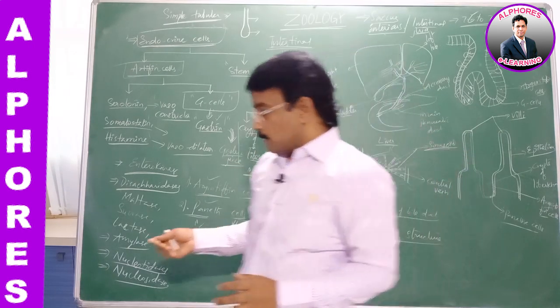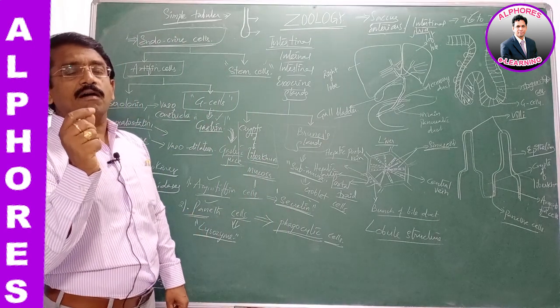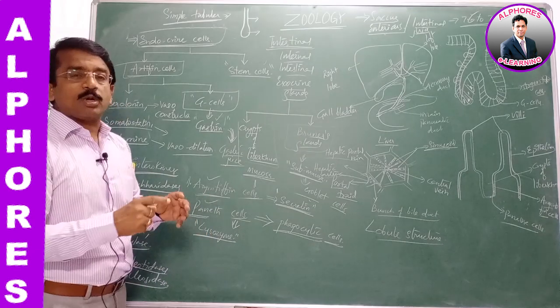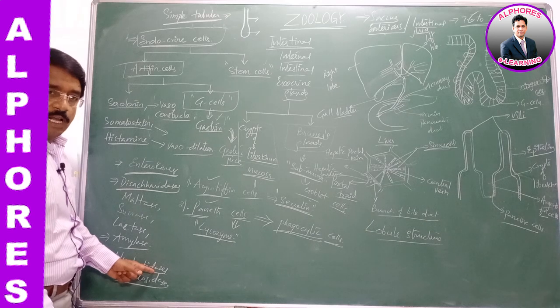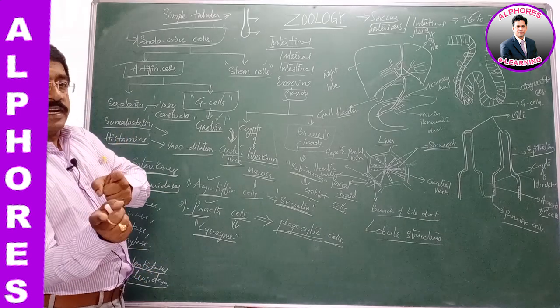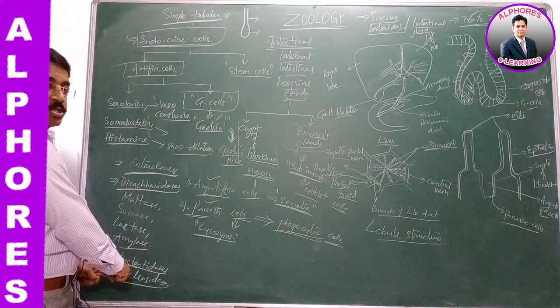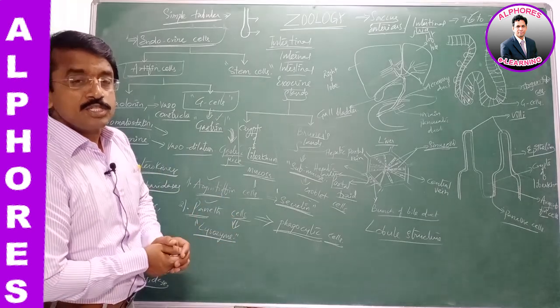The nucleases act upon the DNA and RNA and convert them into nucleotides. Then the nucleotidases act to form nucleosides. Then nucleosidases act on nucleosides. This is how the nucleic acids are digested.